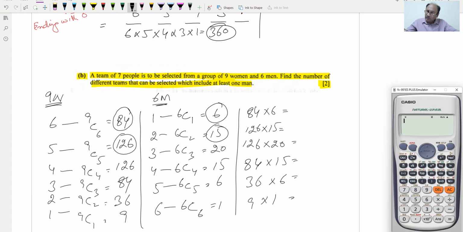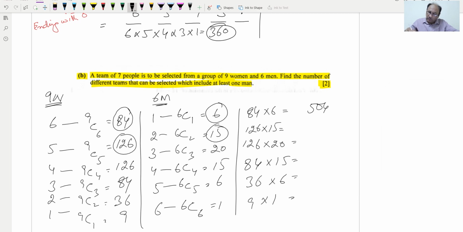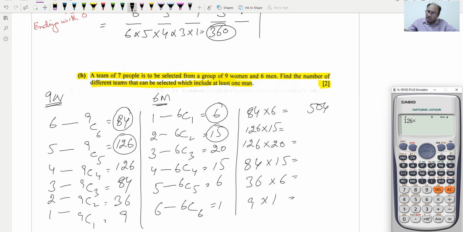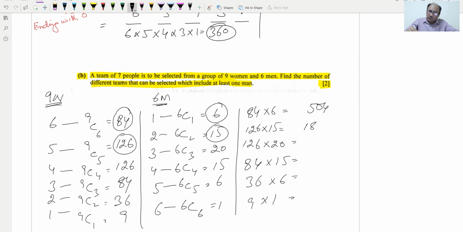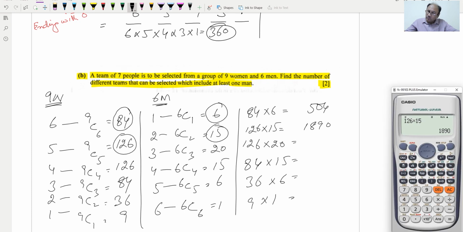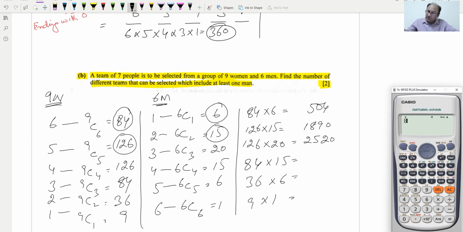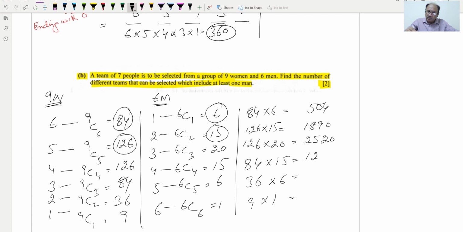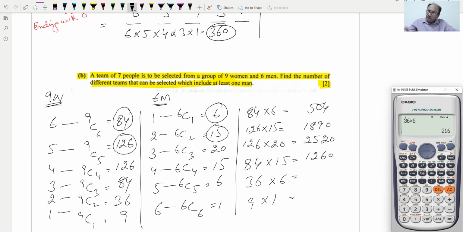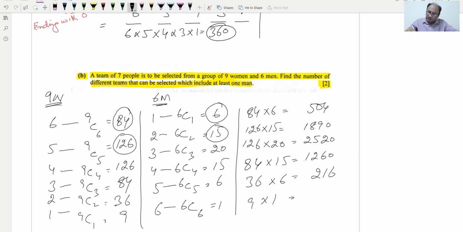Now 84 into 6 will be equal to 504. So 504, and 126 multiplied by 15 will be equal to 1890, and next is 126 multiplied by 20, which will be equal to 2520, and next is 84 multiplied by 15, which will be equal to 1260, and 36 multiplied by 6 will be 216, and the last one is 9.